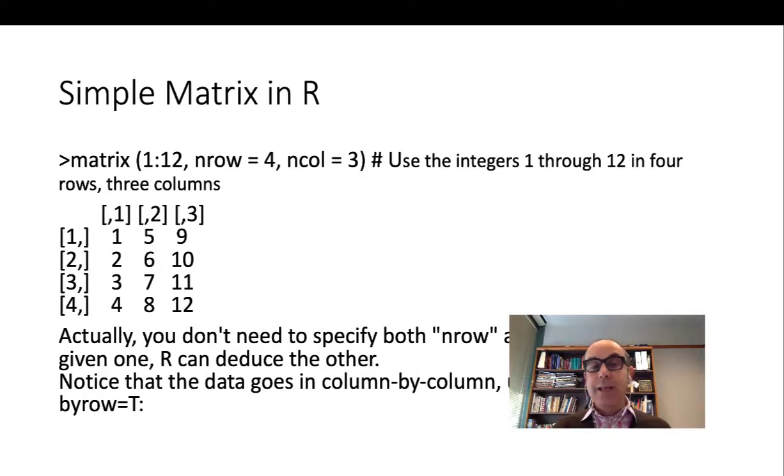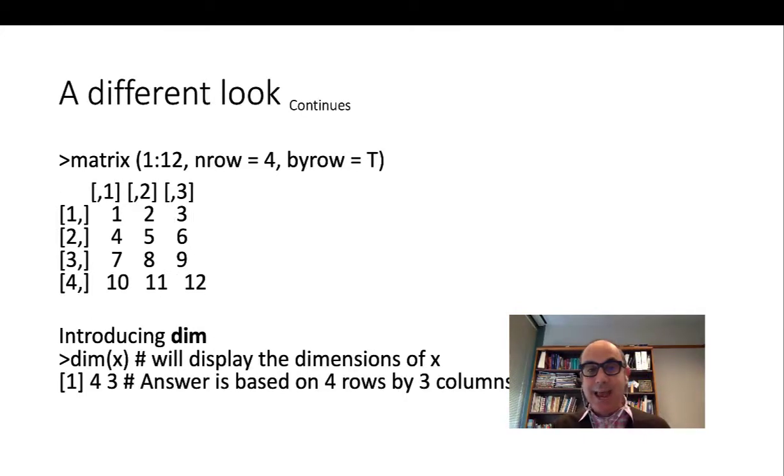Actually, we do not need to specify both row and column because given one, R will deduce the other. But just to make sure that we cover our bases, again, we do that just to make sure that we are correct in that assumption. The data goes by column, unless you specify byrow equal TRUE, and by doing that you just bypass this stage.